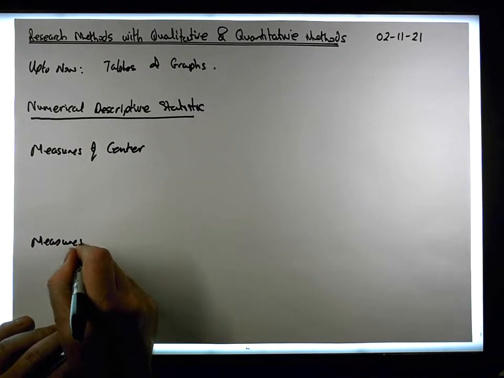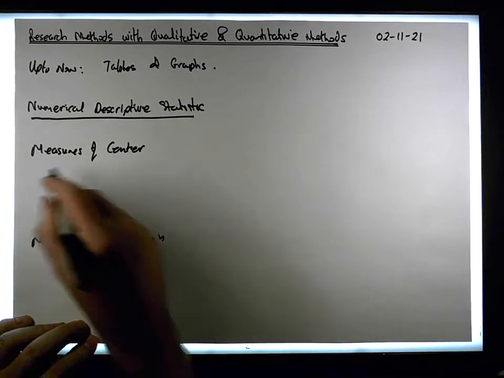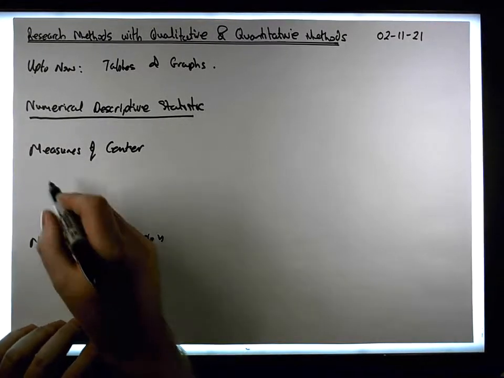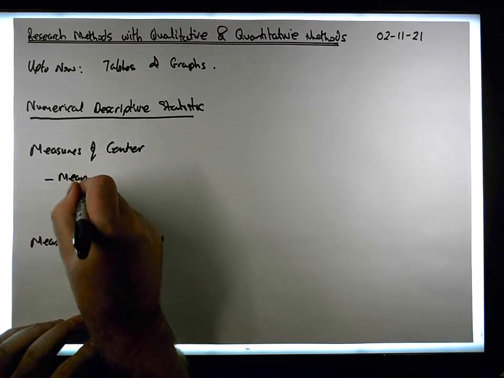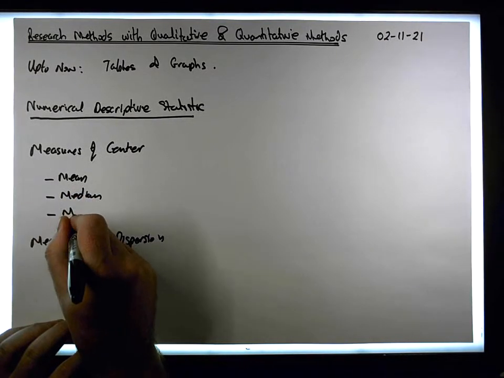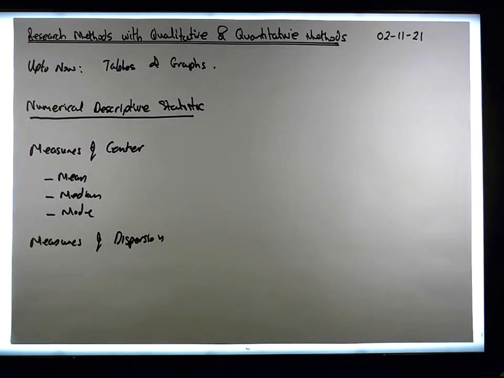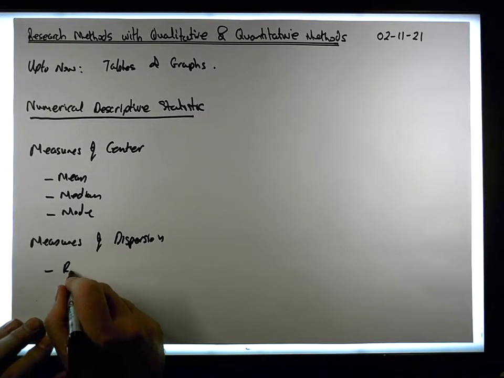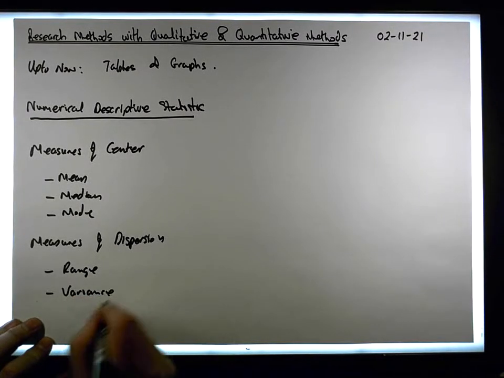The measures of center I'd like to focus on are the mean, the median, and the mode. The measures of dispersion I want to focus on for this evening's class are the range, the variance, and the standard deviation.